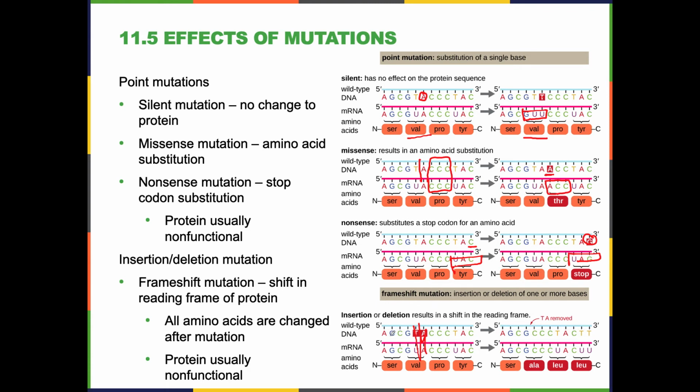So it used to be AGC, GUA, but we lost that. And remember, it doesn't go G, skip, and then CCC. This now goes GCC, and then this goes CUA. So we're changing every single amino acid after the deletion in this case.